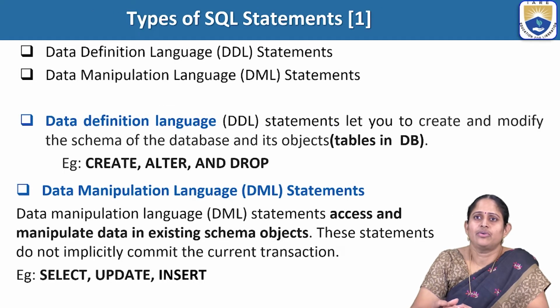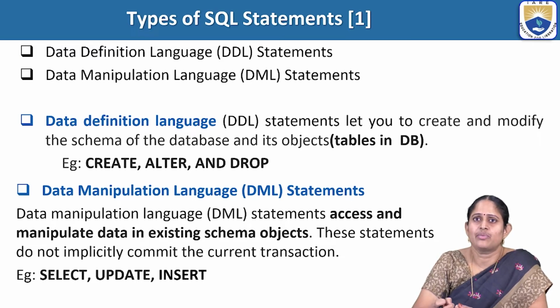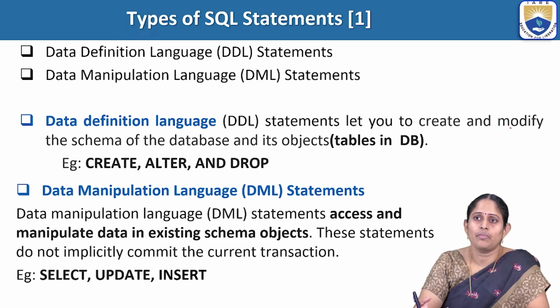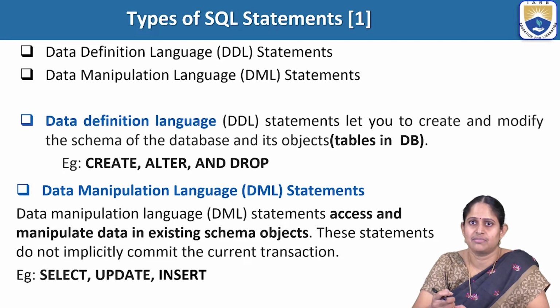Now let's look into a few of the SQL statements. In SQL, there are mainly two types of statements: the data definition language and the data manipulation language. The data definition language allows us to create and modify the schema of the database. That means if you want to create a database or a table in a database, alter the structure of the database, alter a table, or drop any table, we make use of data definition language statements.